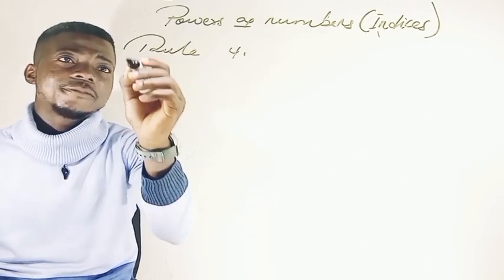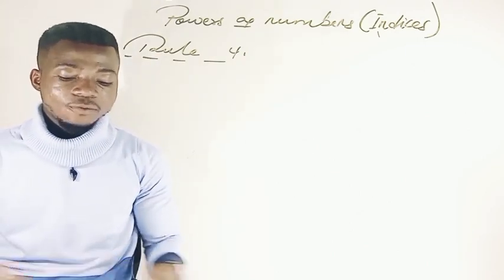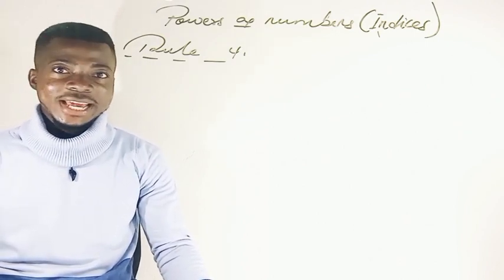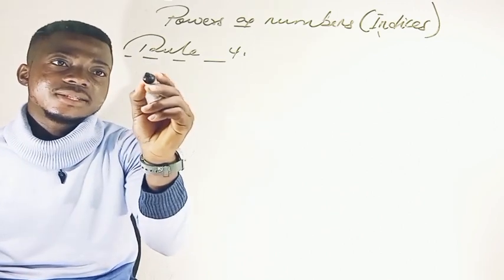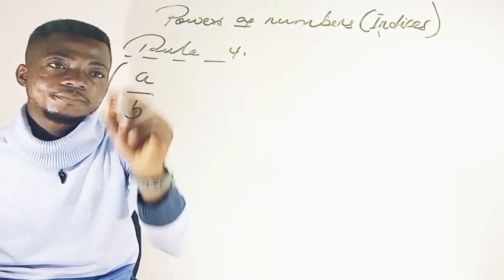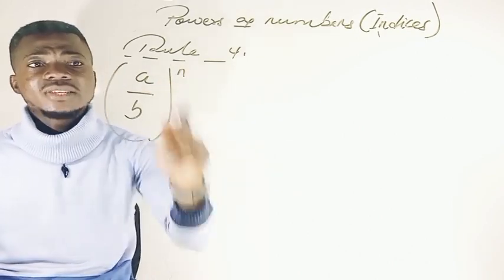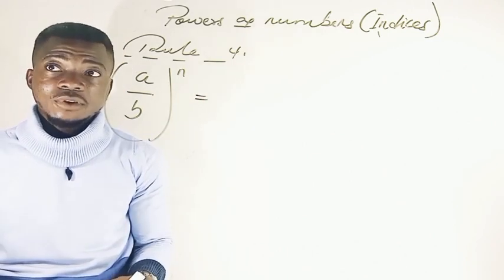Rule number 4. And that is the index of quotients of two numbers, okay? So the index of quotients of two numbers, what I mean by this, a over b all exponent n. If you have something like this, that's the fourth rule.